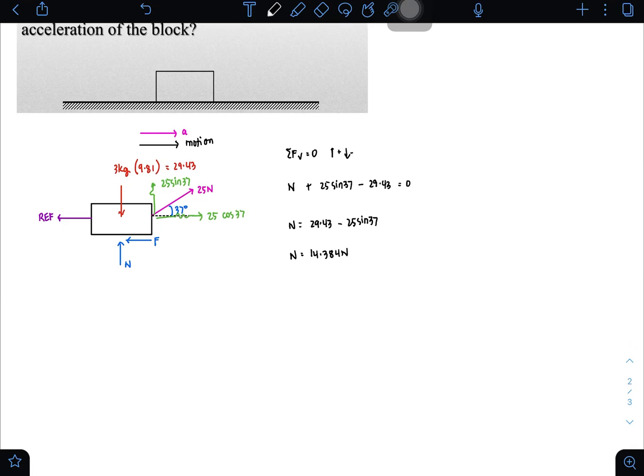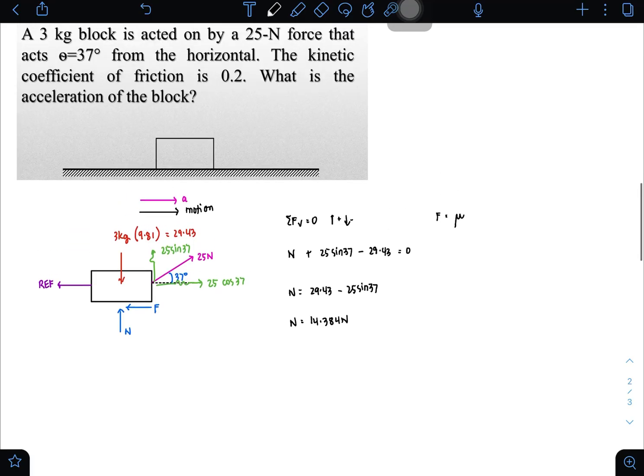And for friction, that F is just equivalent to the coefficient of friction times the normal force. And we have a coefficient of friction of 0.2. By the way, it's said to be a kinetic coefficient of friction because the body is already moving.